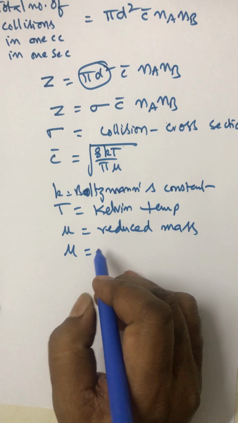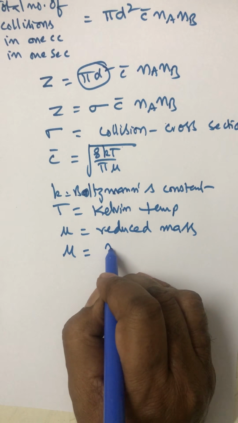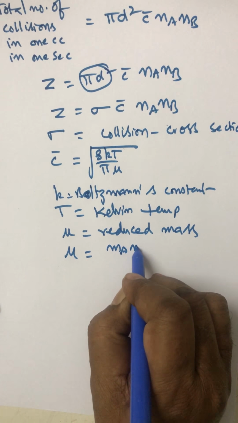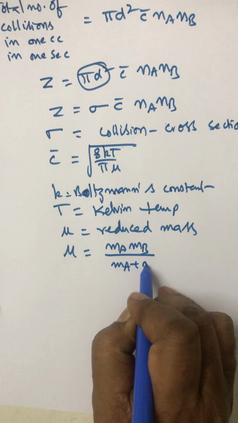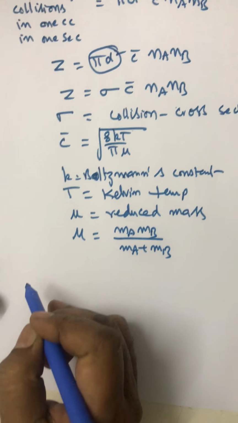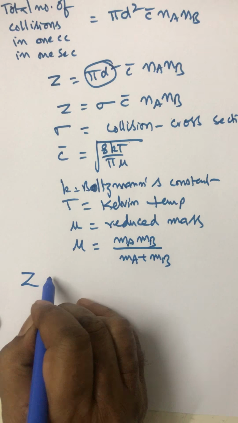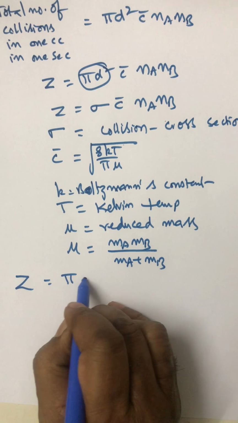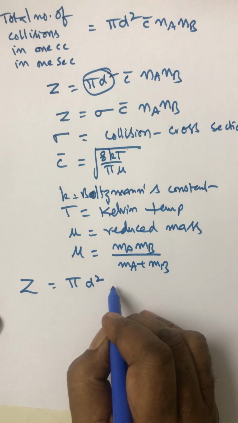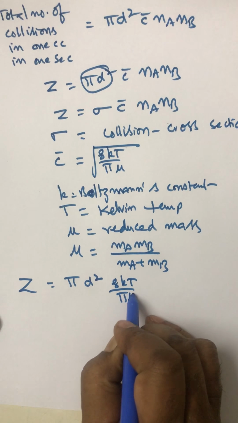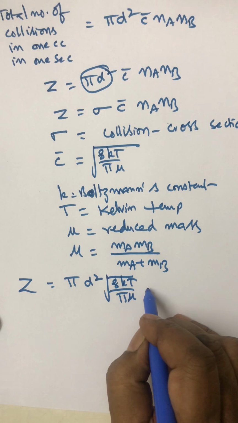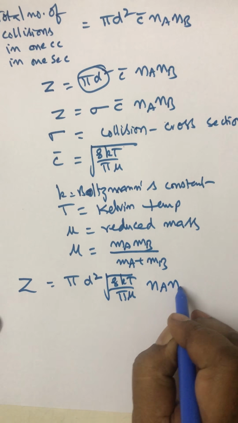Mu of the pair can be taken as MA MB by MA plus MB. Now Z can be written as pi d square times the root of 8kT by pi mu, times NA NB.